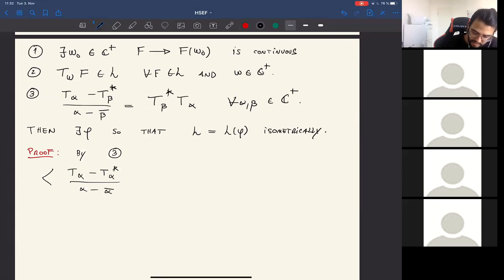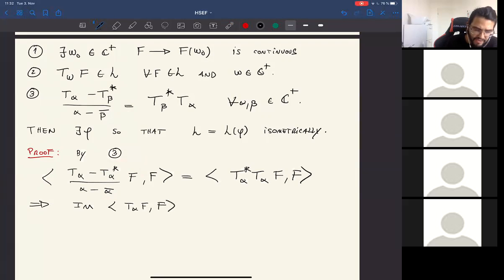So I'm using beta equals alpha here, and I put F against F. And I know by this identity, this is just T alpha star, T alpha, F against F. And basically by the same computations, I just move the same thing I did before. I just move this guy to this, and then you get the norm of T alpha squared. And then you just work out what this is, because then I can move this guy to that part, and it will be exactly the same thing. So you will conclude that the imaginary part of T alpha F.